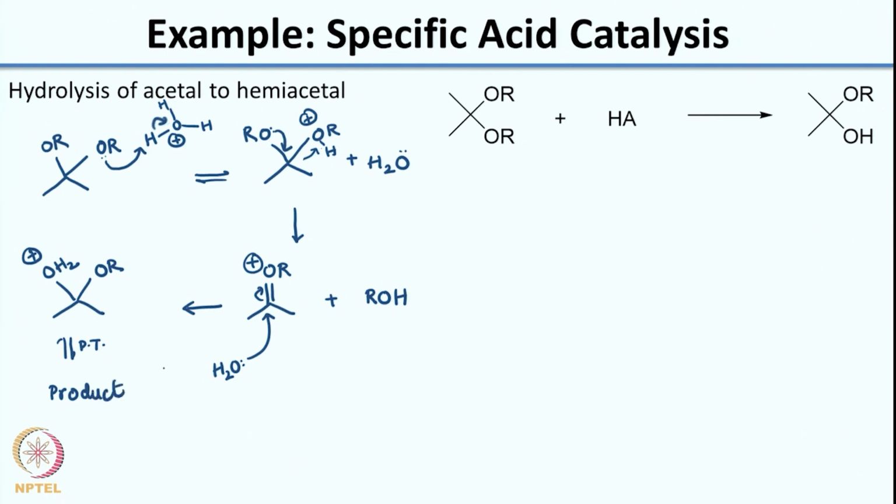Now because this is specific acid catalysis, this step would be fast and then this step would be slow. So this is pathway A.